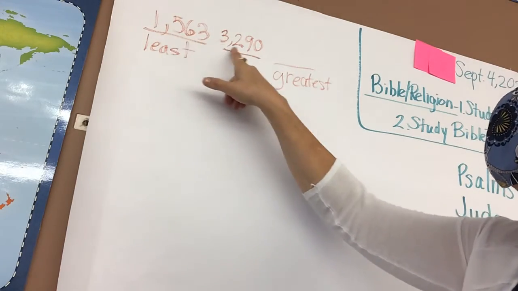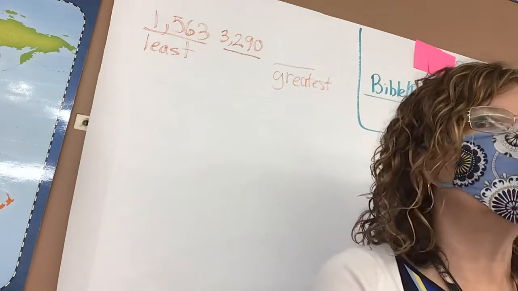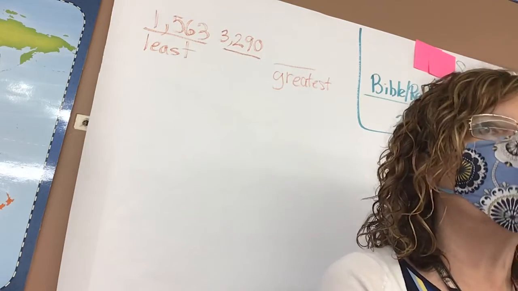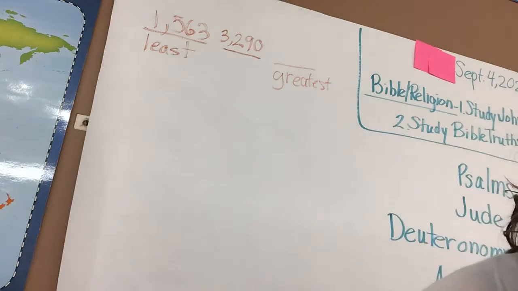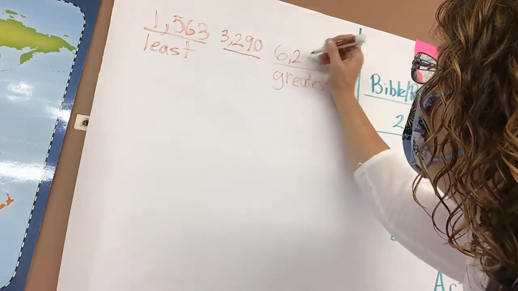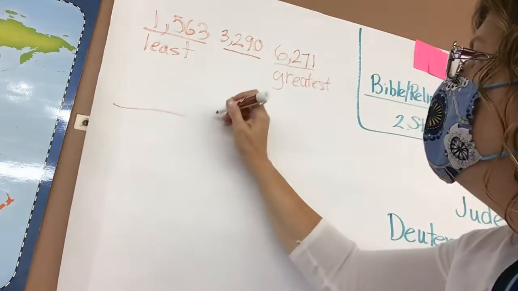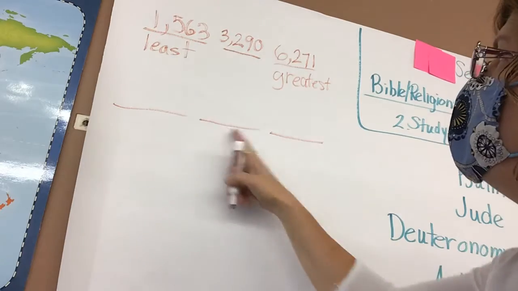Like they might write 3,263 because they're not looking at it carefully. Please look at it carefully. Make sure you write the right number. And the last one would be 6,271. Very good.